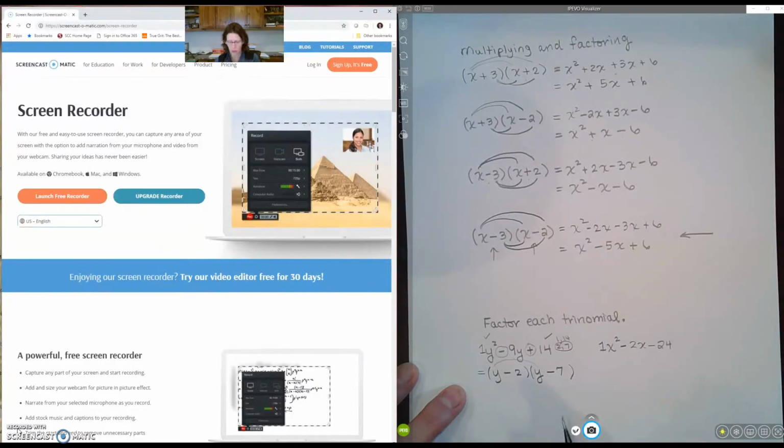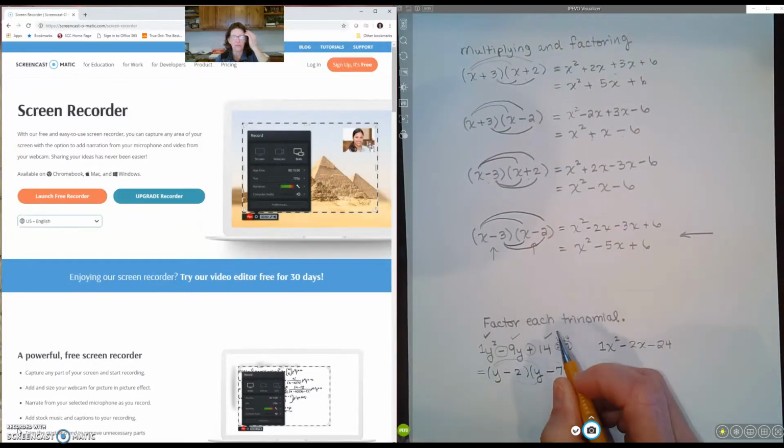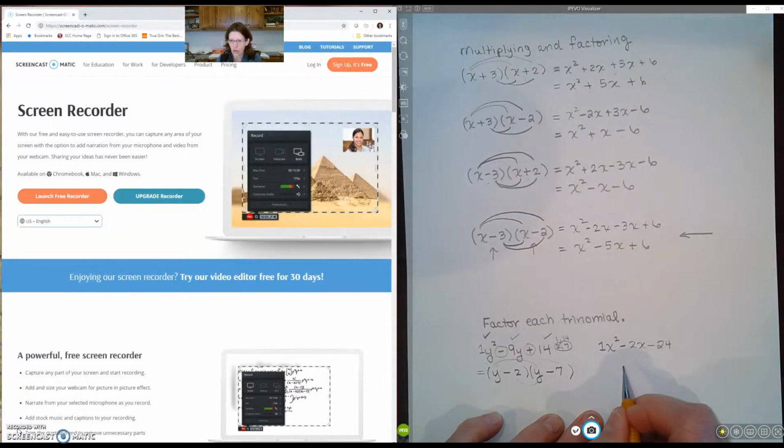And let's just check this one in our heads, okay? Y times y is y squared. Negative 7y minus 2y combined to our minus 9y. And negative 7 times negative 2 gives a positive 14. So there's our correct factorization. And let's do one more here.